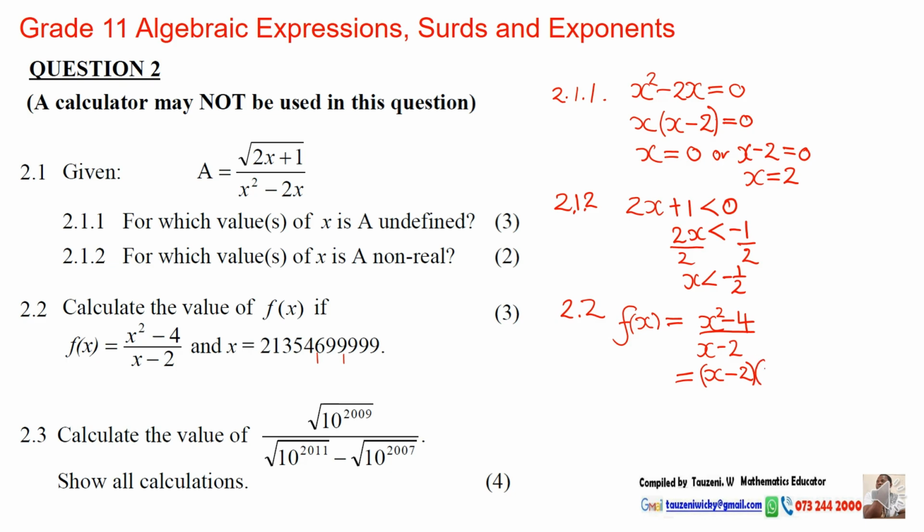Therefore, it can be simplified into x minus 2 times x plus 2. Then we divide this by x minus 2. This factorization allows us to cancel x minus 2 and x minus 2, such that f of x is equal to x plus 2 in simplified form.